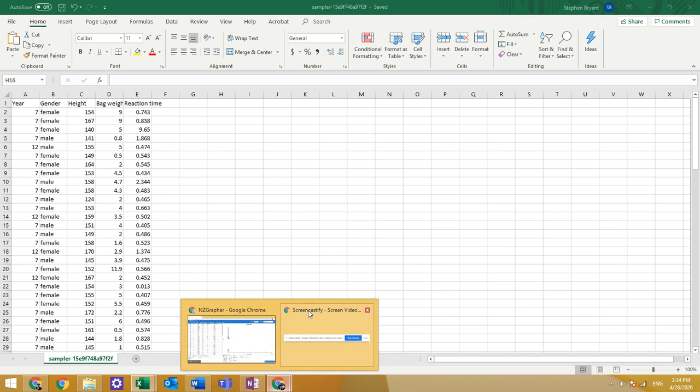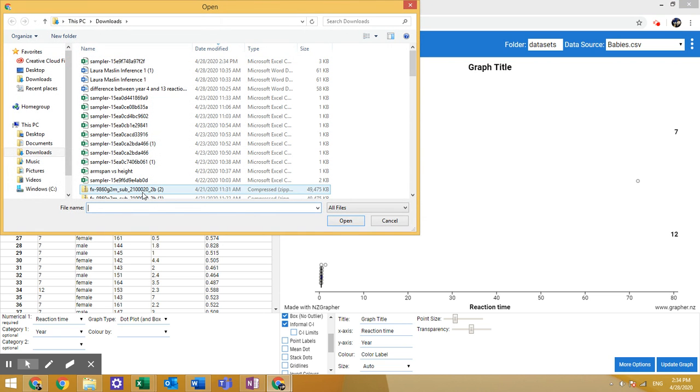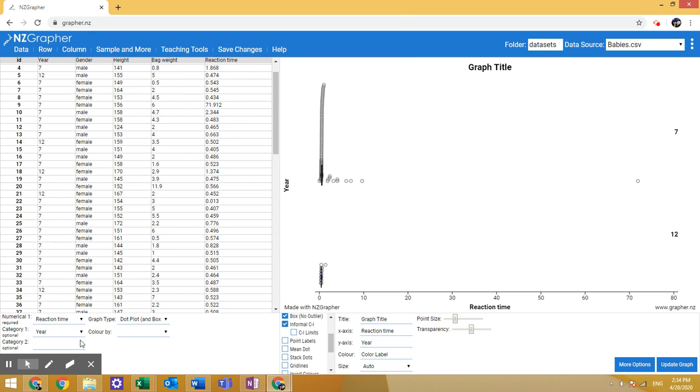I'll go back to NZQA and pick up my information again, that very same file. There it is at the top now because I've modified it. So let's do reaction time versus year. Let's see if that's made any difference. No, that person's still there for some reason.